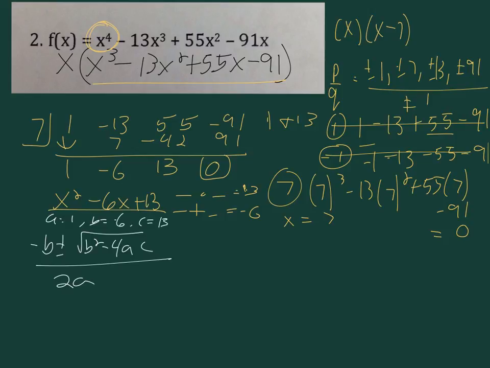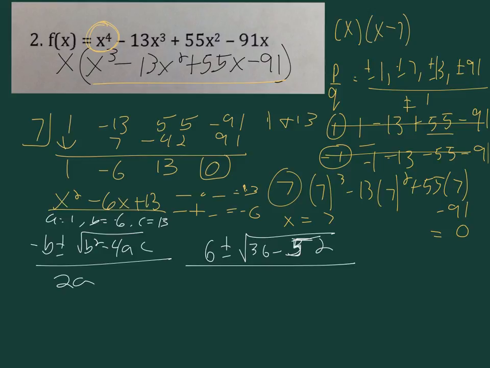So if I plug this in, then I would have negative b. So b is also already negative, so the double negatives are going to make that into a positive 6, plus or minus the square root of 36, because of b squared, minus 4ac, so that would be 4 times 1 times 13, which is 52.